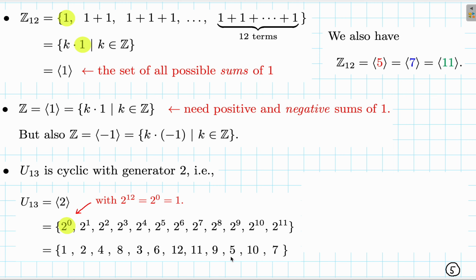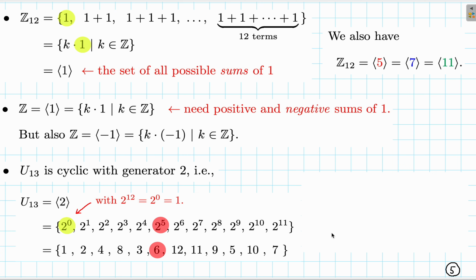Now underneath it, I've listed what these powers of 2 compute to. So for instance, 2 to the 5th, if we compute that mod 13, is equal to 6. But we've also seen that working with these powers of 2, given that 2 is a generator of U13, can be a very helpful thing.